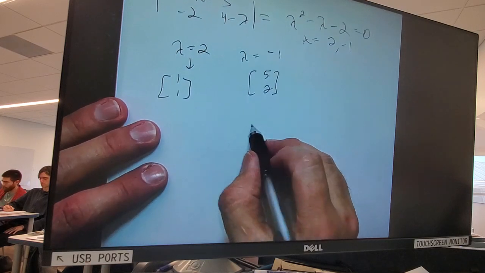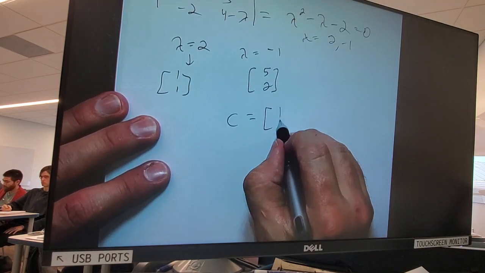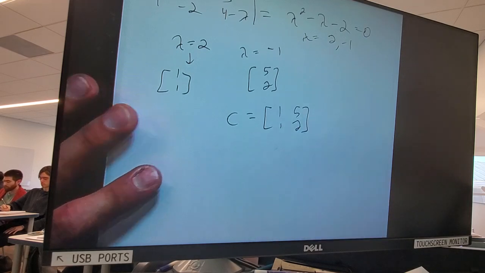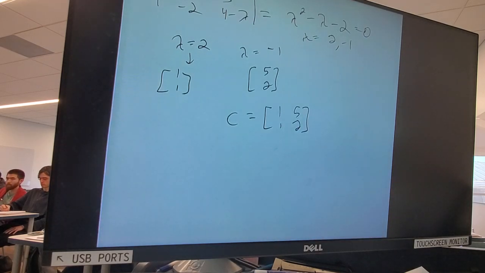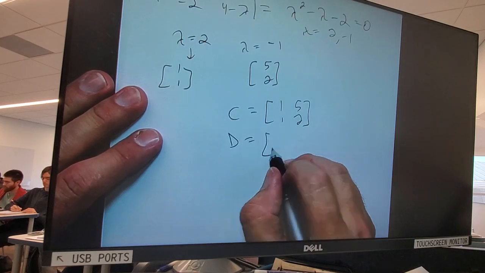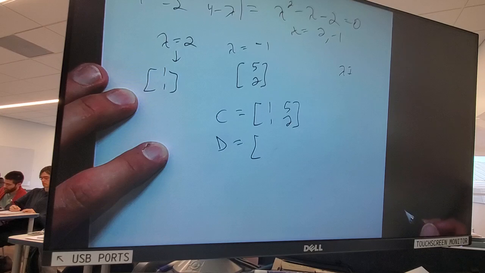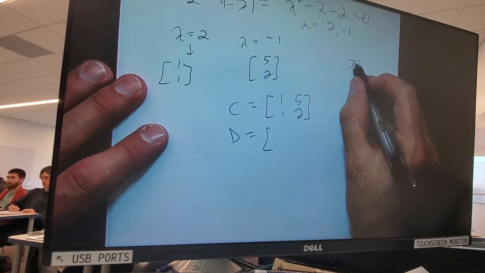So, create matrix C by just throwing my eigenvectors in as columns. Create matrix D, which is like lambda I, basically, but it's going to use both lambdas.